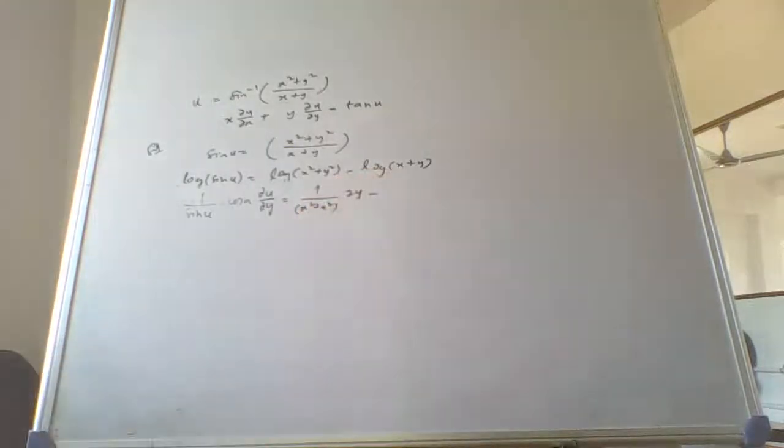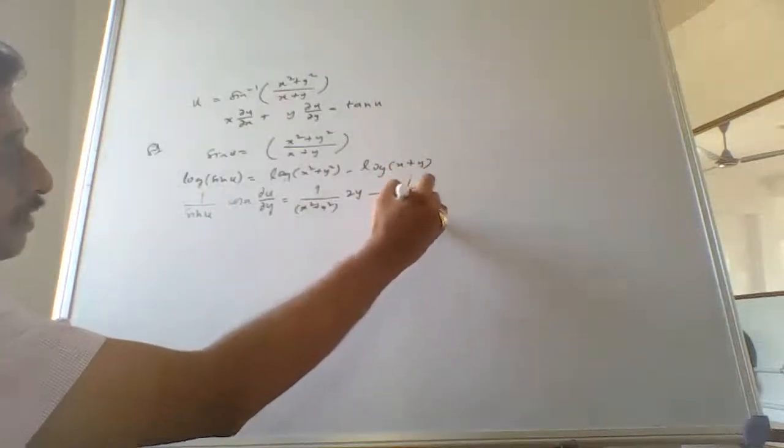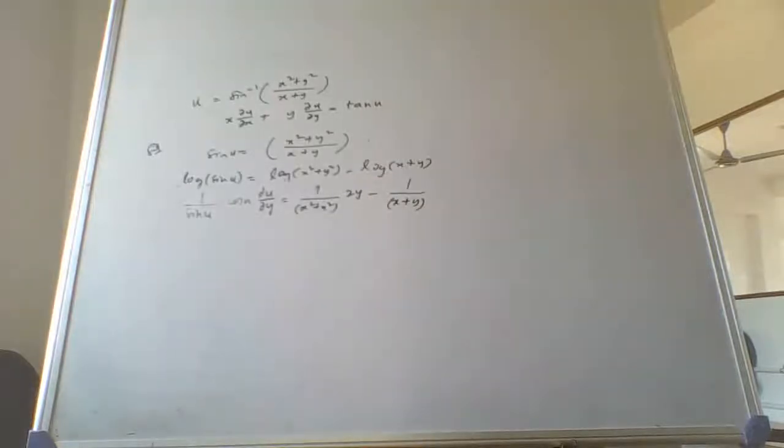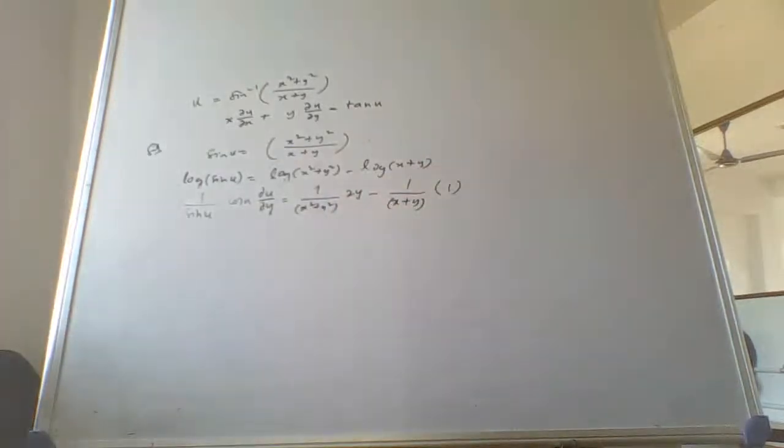Fine. I hope you understood this. Again with respect to y, this will be 1 by x plus y, and for this with respect to y, I get 1 here. So that's what I've been trying to explain. I hope you understood what I've done here.